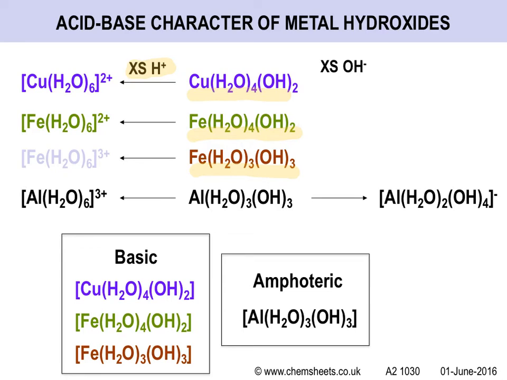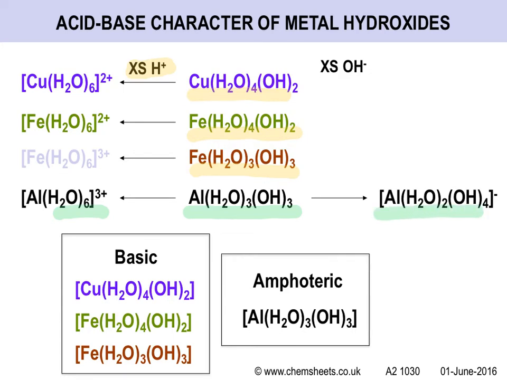In the case of aluminium, we can do that also. All right, so there's our aluminium. We can add excess H+ ions and we can get back to our hexa-aqua ion. But equally, if we added excess OH- ions, we could take the hydrolysis further.